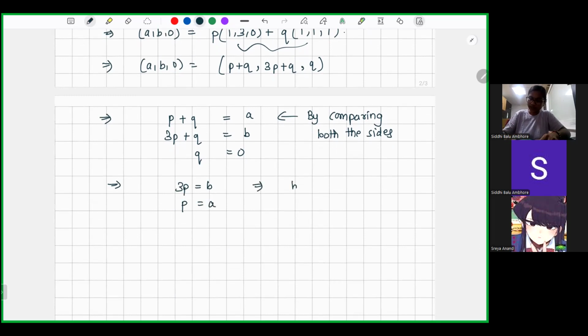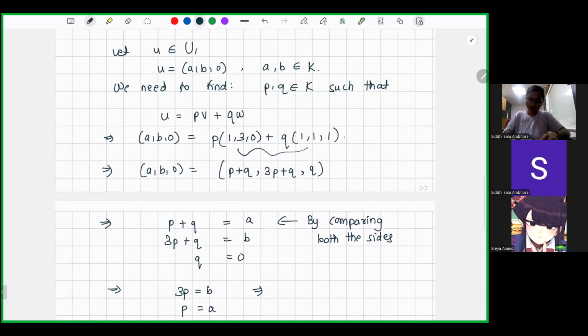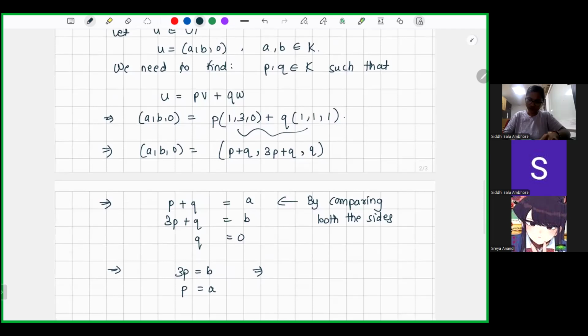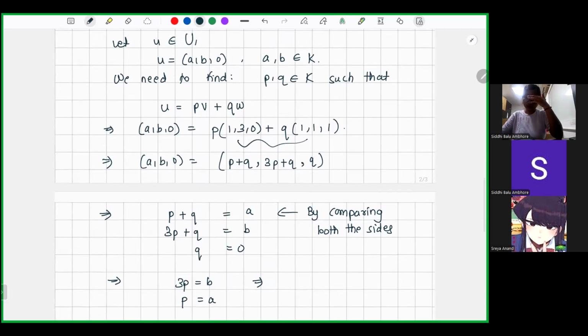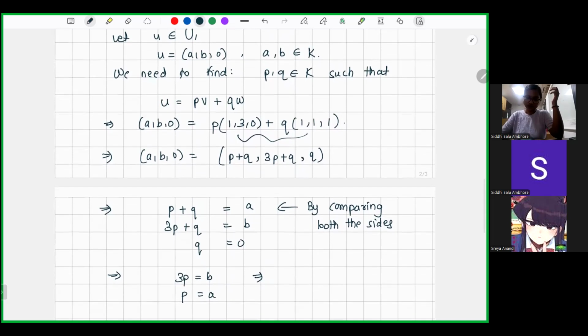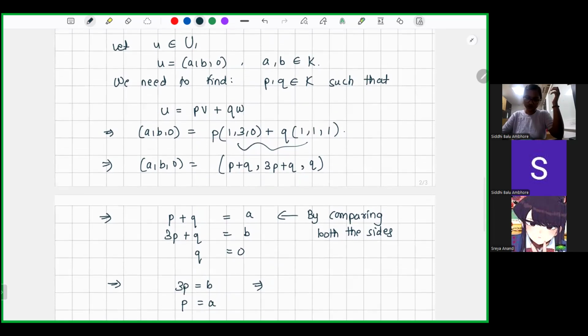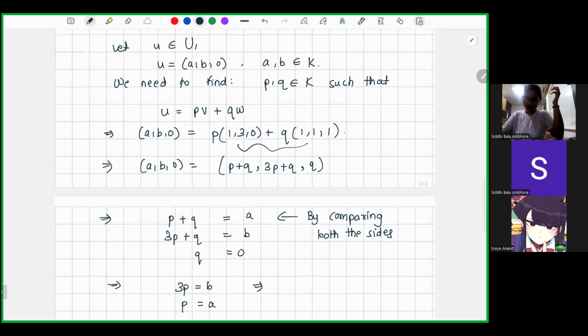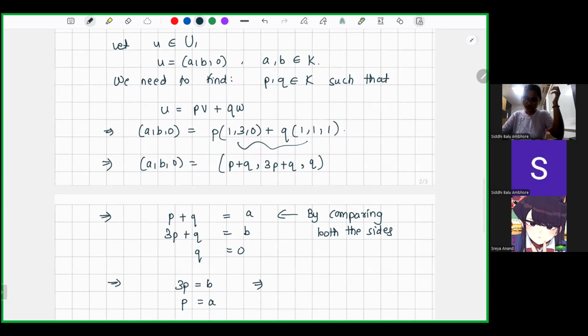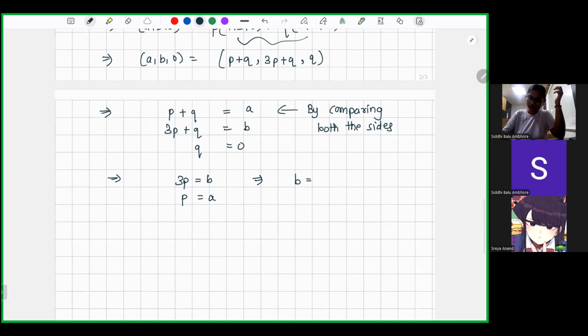So we need to find p: p is equal to b by 3 and p is equal to a.